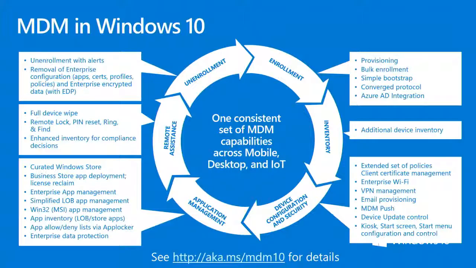We'll build integration with the new business store, which we'll talk about in a little bit. We'll provide support for full device wipe, so if a device is lost, you can reset the PC back to an original configuration, which we could do in the past for phone devices, but not for PCs.